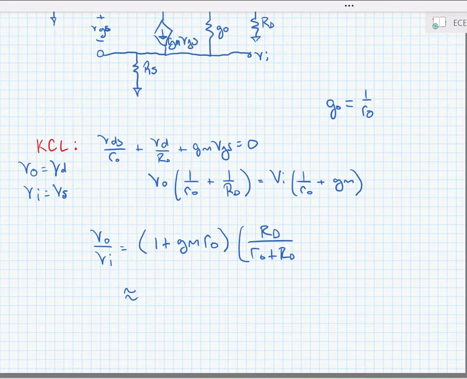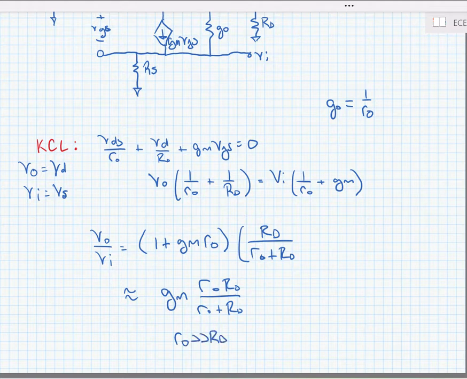And this is approximately equal to gm times RO RD over RO plus RD. Now, generally, we know that RO is much greater than RD. In other words, we can further approximate this and say that it's equal to gm times RD.